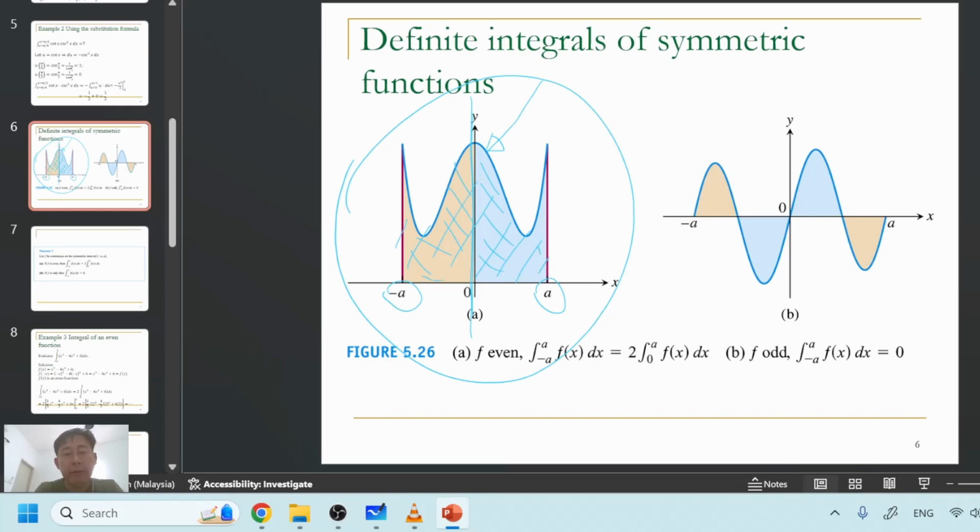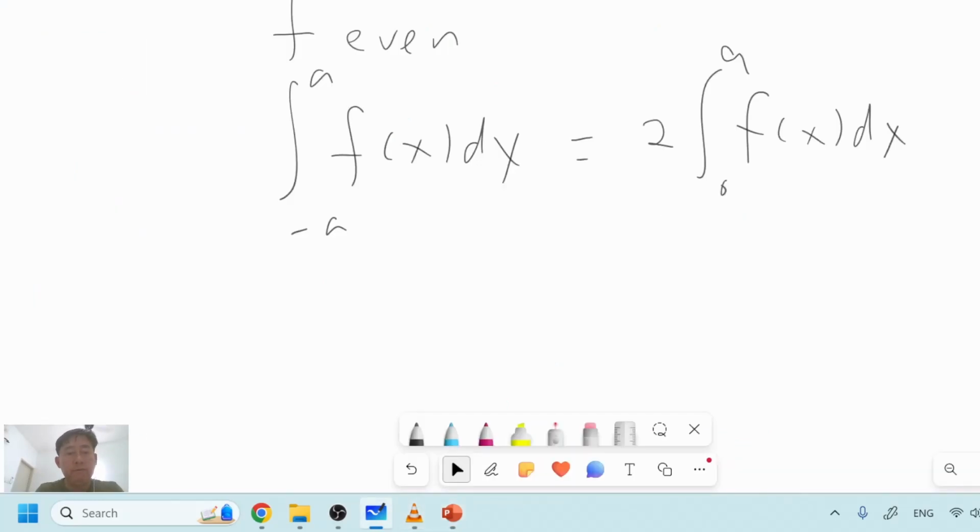Therefore, the total area, that is the sum of the two areas, A1 and A2, where A1 is just equal to A2, will give you 2 times the area of one side. Either you call it A1 or A2, the total area will be just 2 times A1 or 2 times A2. That is a very simple rule to follow.